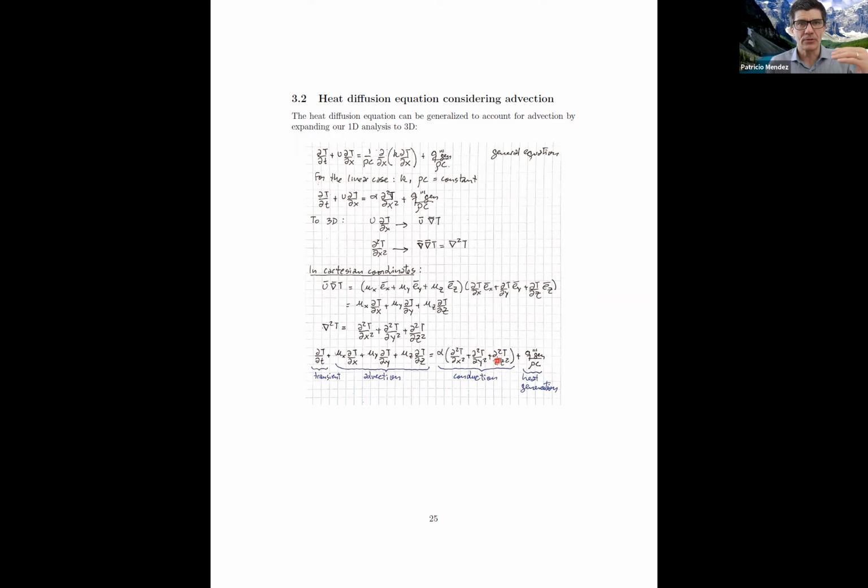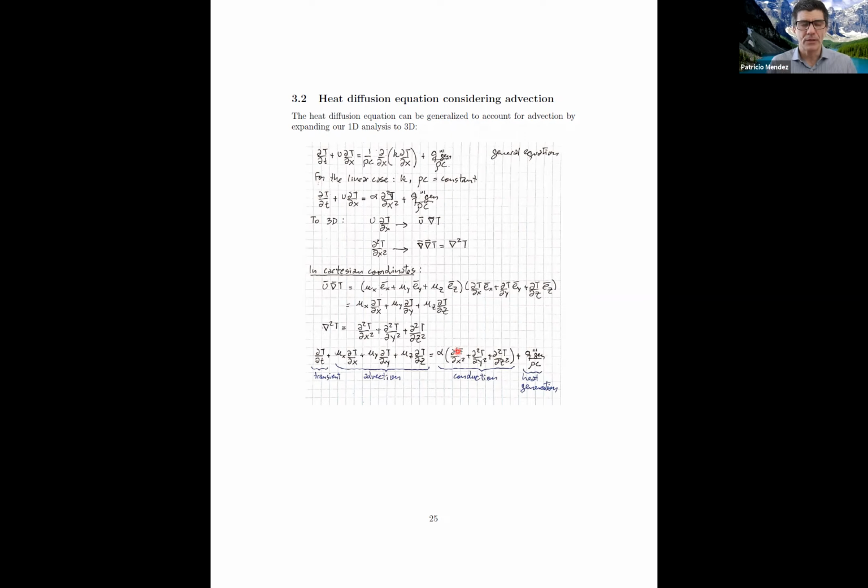In heat exchangers, we said we have flow lengthwise, and actually we looked twice at the Peclet number to see that in pretty much all cases, lengthwise advection dominates enormously over conduction. And so if X is the direction of the pipe, I can forget about my term of conduction in the length direction.